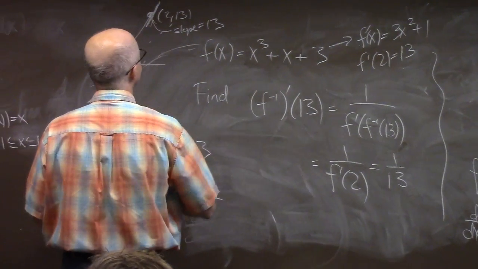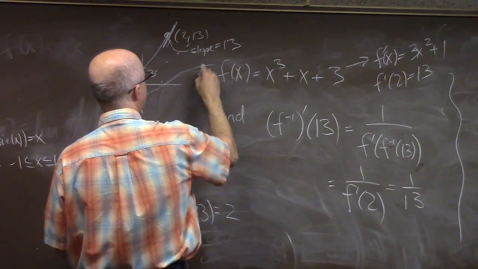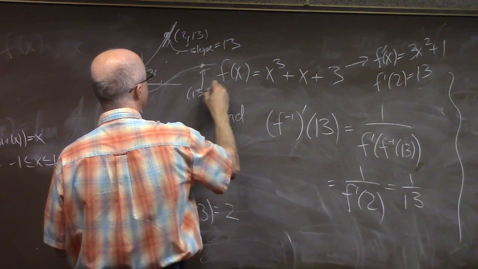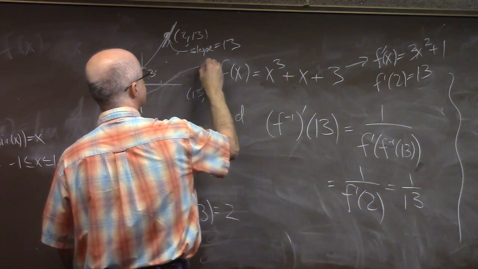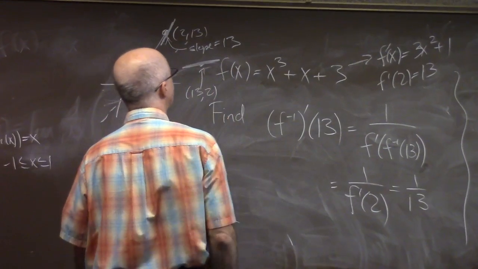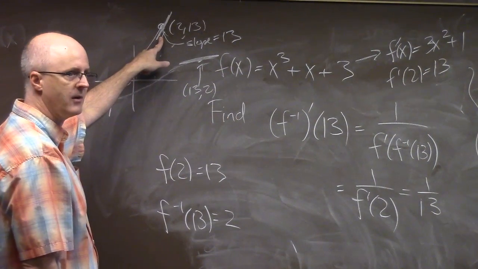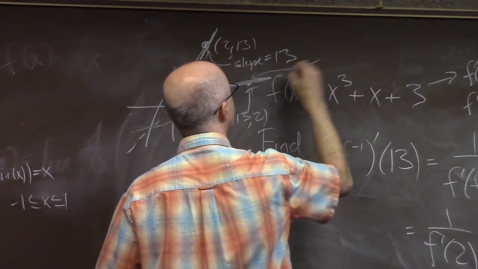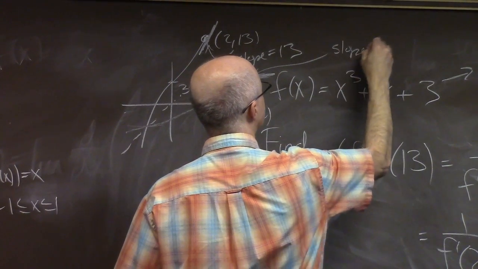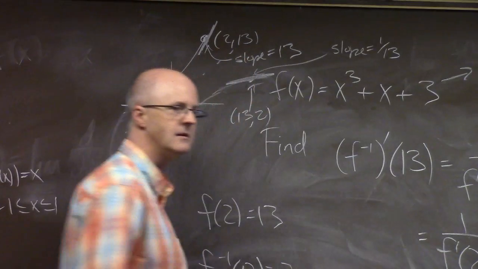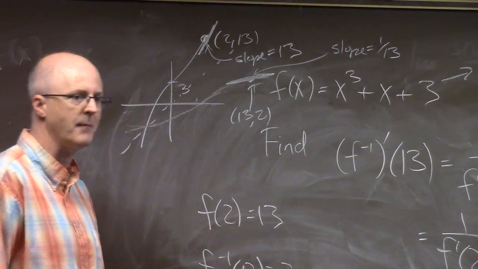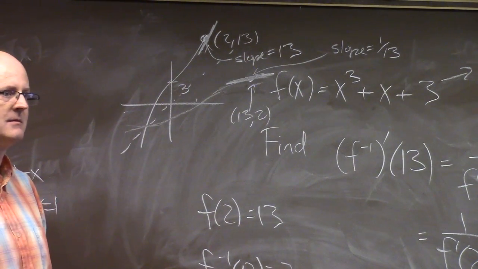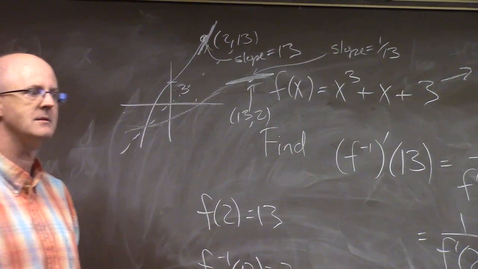At the point (13, 2) on the inverse function, the slope of its tangent line is the reciprocal of the slope of that one. The slope here is 13, the slope there is 1/13. Again, the 13 just happened to come up again. I didn't know that was going to happen.